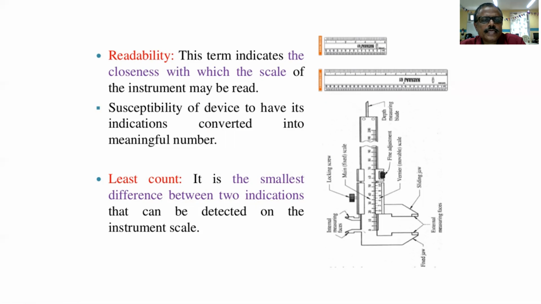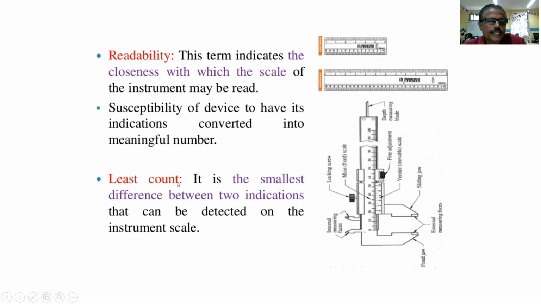Then there is susceptibility of the device. Susceptibility means the device should have its indications converted into some meaningful number. Then this is the most important characteristic for a measuring instrument.